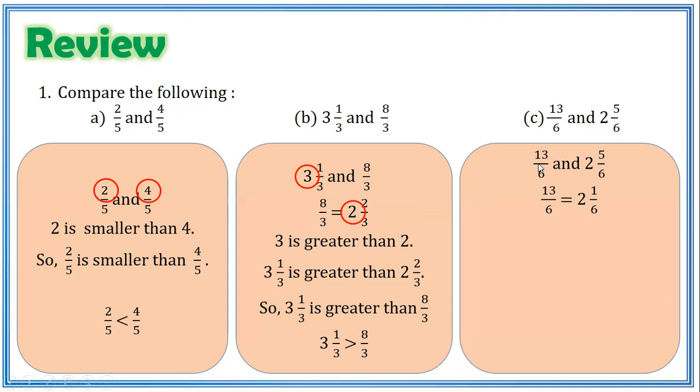Again, this is an improper fraction and the other one is a mixed number. So for us to easily compare the numbers, let us change the improper fraction into a mixed number. So 13 divided by 6 is equal to 2 and 1 out of 6.